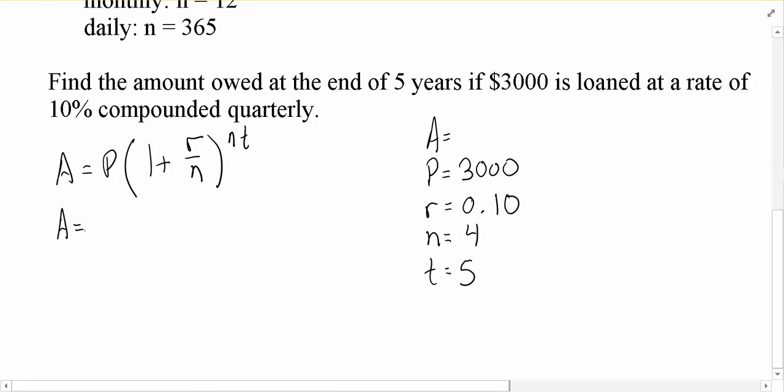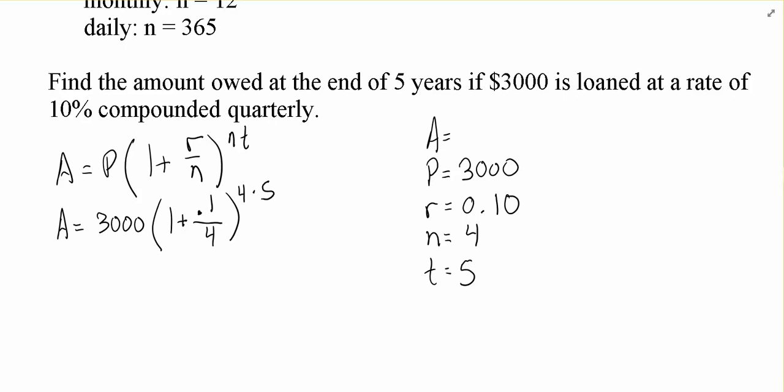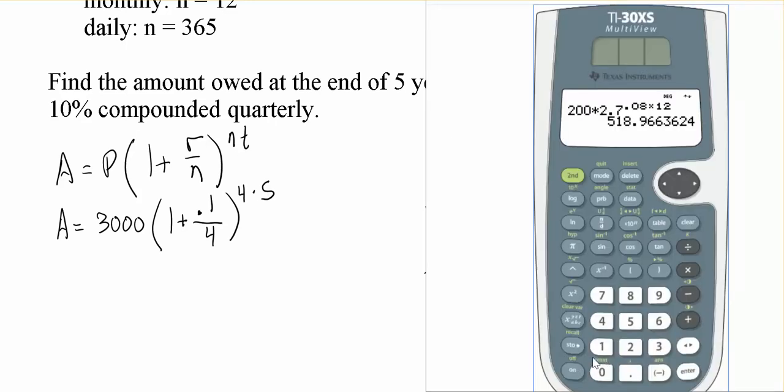So if we plug these values in, we get 3,000 times (1 plus 0.1 over 4) all to the 4 times 5 power. Now, if you want to do some simplifications here, you really could. I'd prefer not to. I'd prefer just to use my calculator for what it's good for.